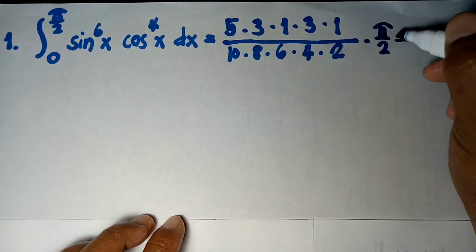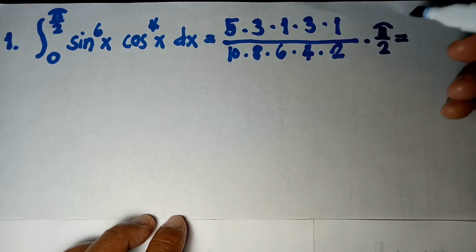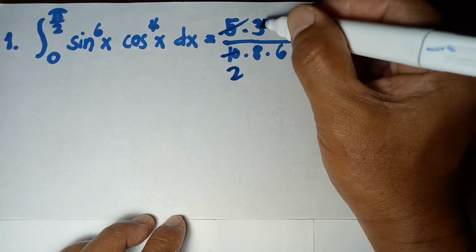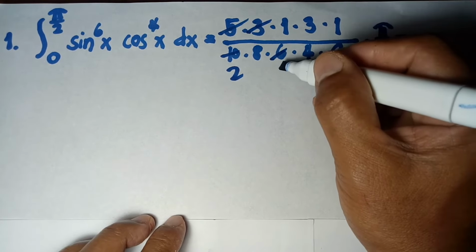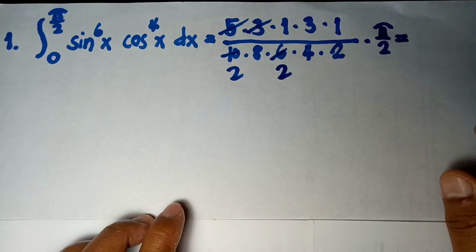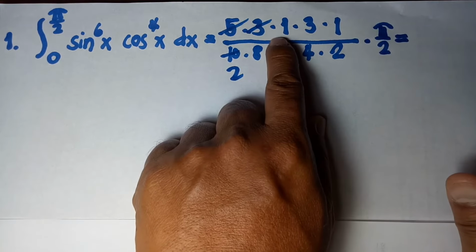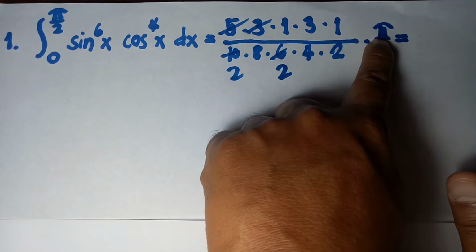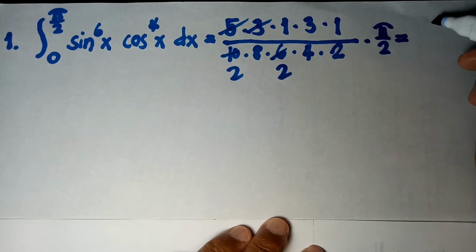Tapos noon, sisimplify lang natin ito, ano? So, we have 5 over 10 equals 1 half. 3 over 6 also equal to 1 half. So, meron tayong 1 times 3 times 1 times pi, and that's 3 pi.